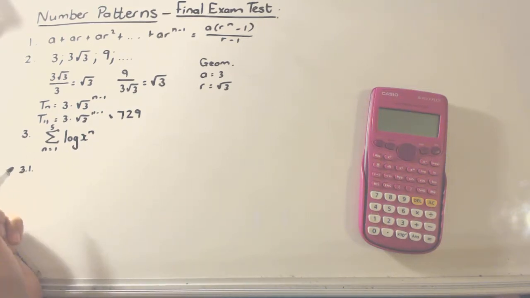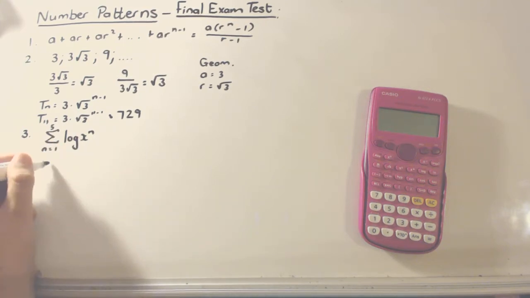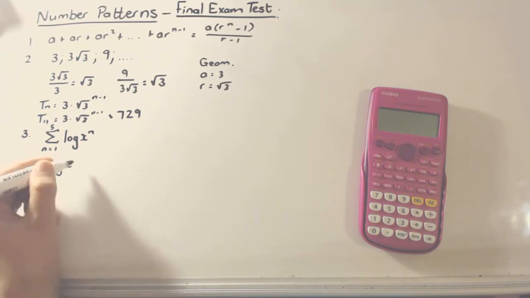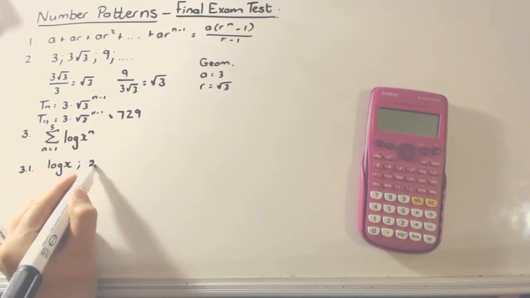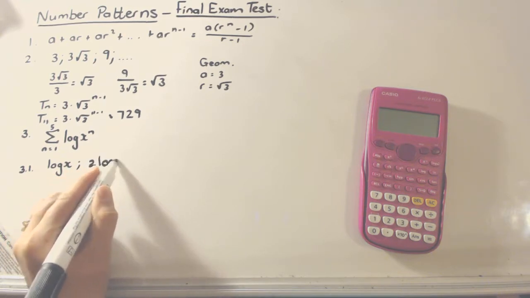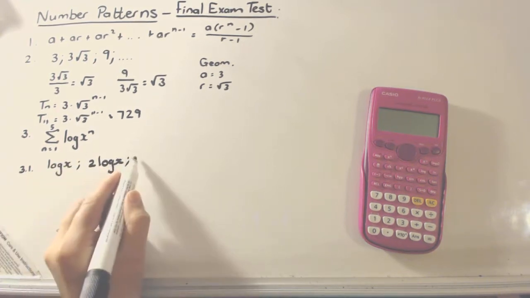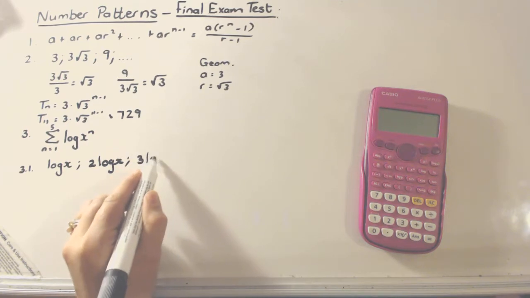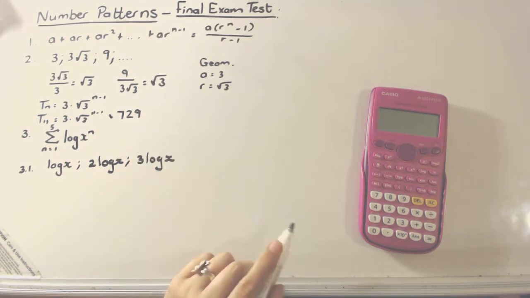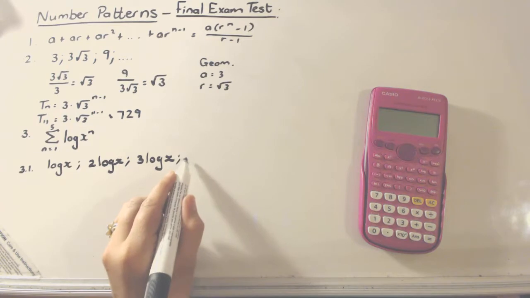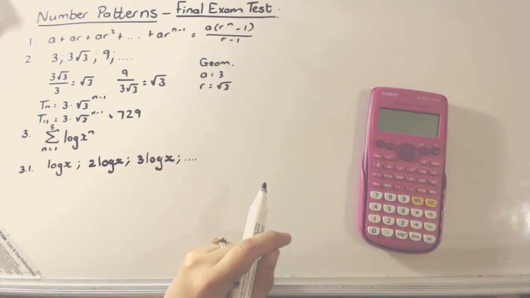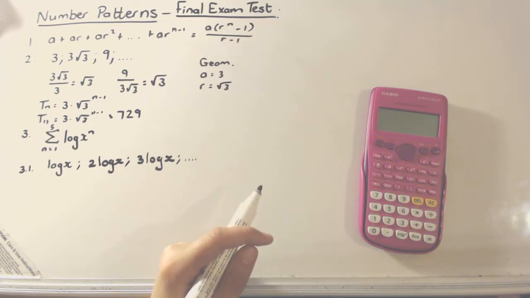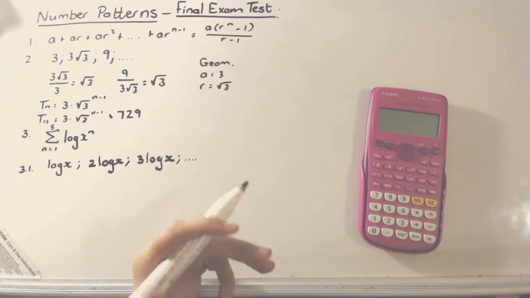So that would be log x to the power of 1, then log x to the power of 2, which from my log rules I know is 2 log x. Then log x to the power of 3, and from my log rules I know this is 3 log x.